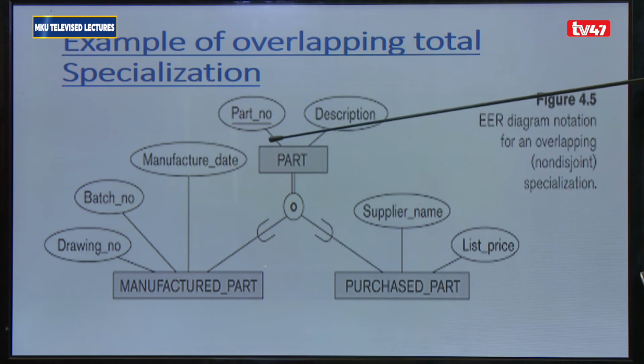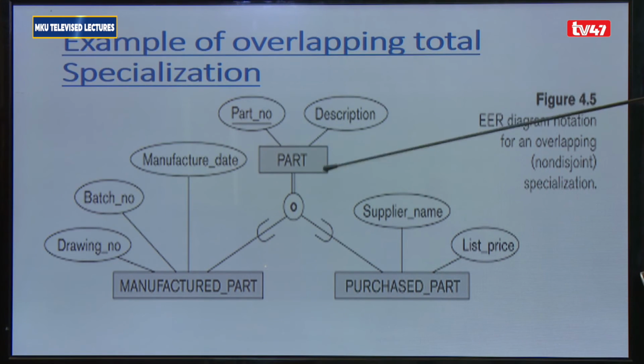So when you are referring to a part, because their database will have very many parts, a lot of parts will be keyed into their database. So their parts must either be manufactured, as in they have manufactured those parts themselves internally, or the parts that you have in their database might be purchased.